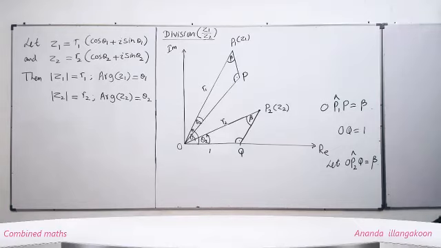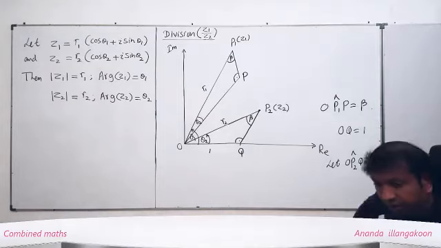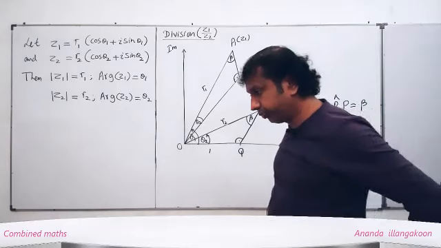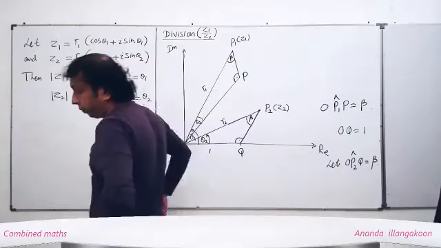Then the point P represents the complex number Z1 divided by Z2.